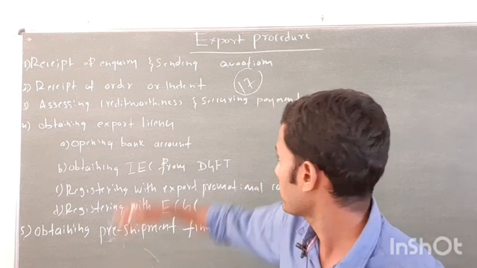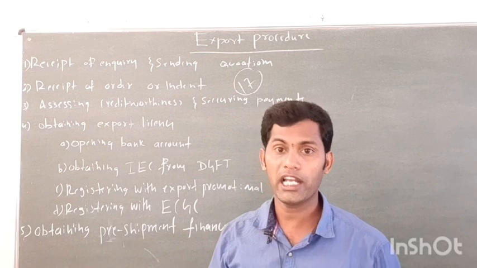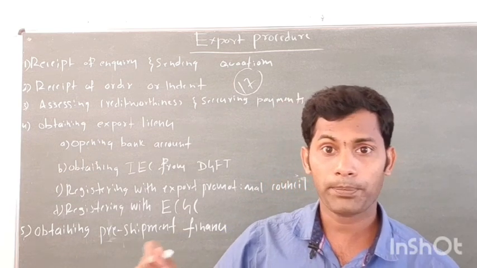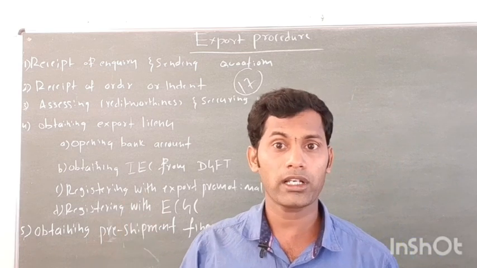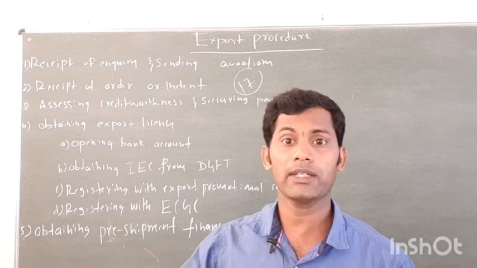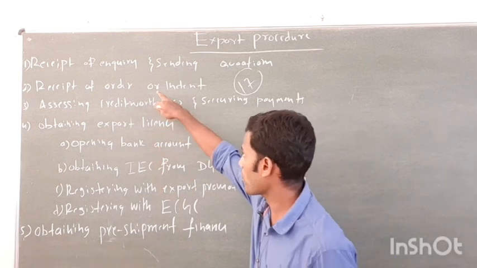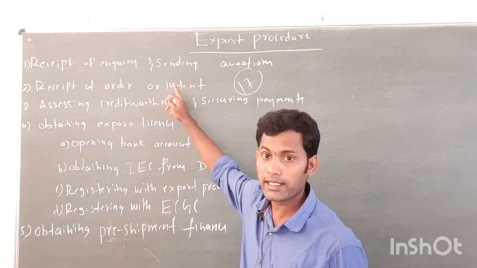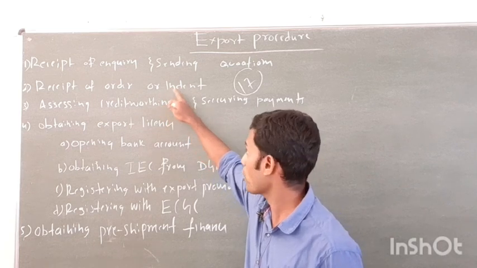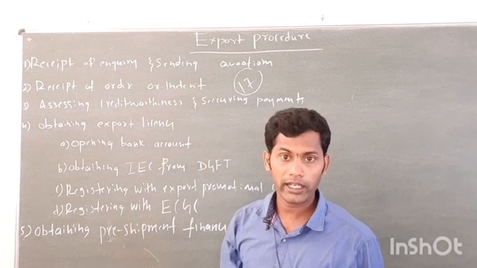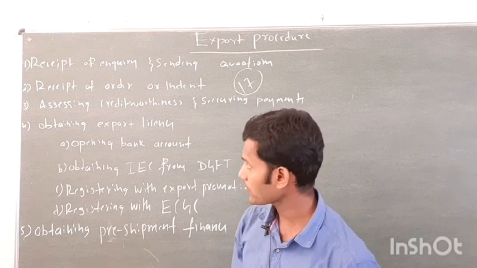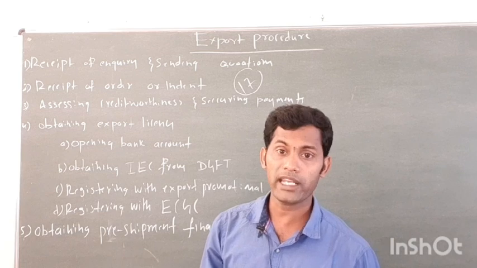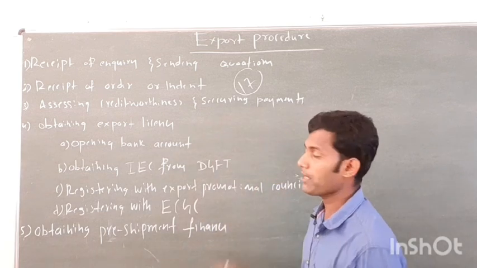If the importer is happy with the price quoted by the exporter, the importer can give the order. So this is called receipt of order or indent. Now the exporter receives an order or indent from the importer. That is the second step.